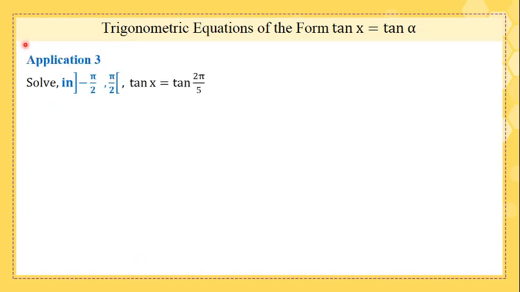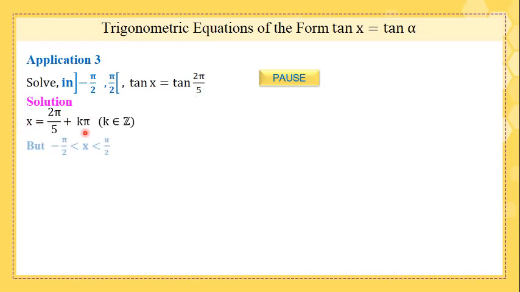Now application 3, please read it carefully, try to solve it, pause the video please. We have the equation tangent x equals tangent 2 pi over 5, then x equals 2 pi over 5 plus k pi. We want to solve in the open interval minus pi over 2, pi over 2. Put the value of x between minus pi over 2 and pi over 2.